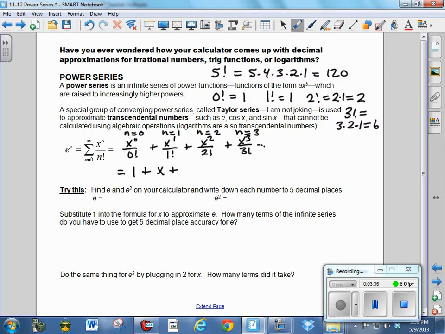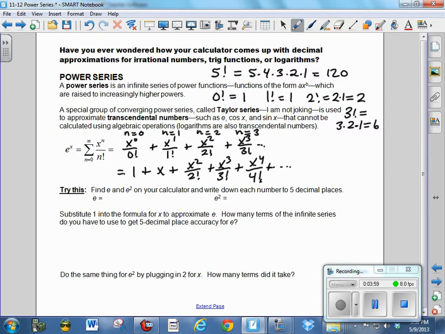I'm going to leave the factorial symbols in after this. This is x squared over 2 factorial plus x cubed over 3 factorial plus x to the 4th over 4 factorial, etc. And this pattern continues.